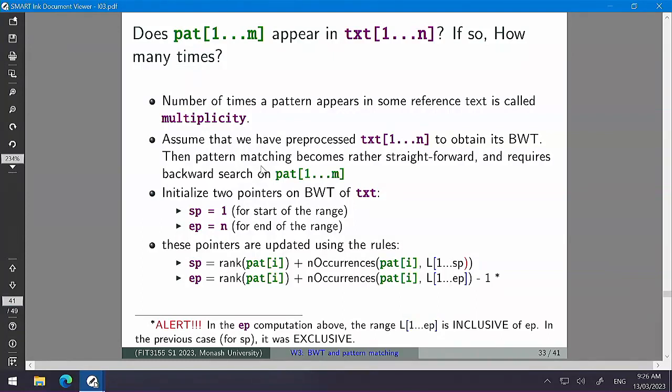When you search for one letter at a time in reverse, going from the mth letter, m-1th letter, and so on, every time you're searching for a letter, you are reducing the scope of start point and end point, so that they point to all suffixes that start with that letter. So every time you search for a letter, you're updating your start point and end point.